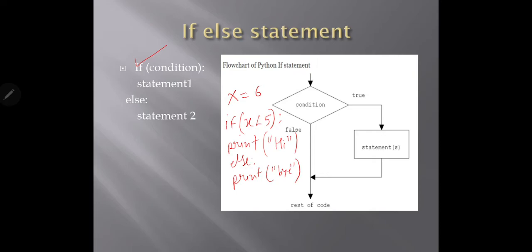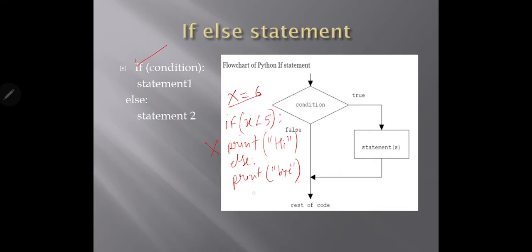Here we know that x is 6. So now this condition, if x is less than 5, is false. It means this print statement will never get executed.